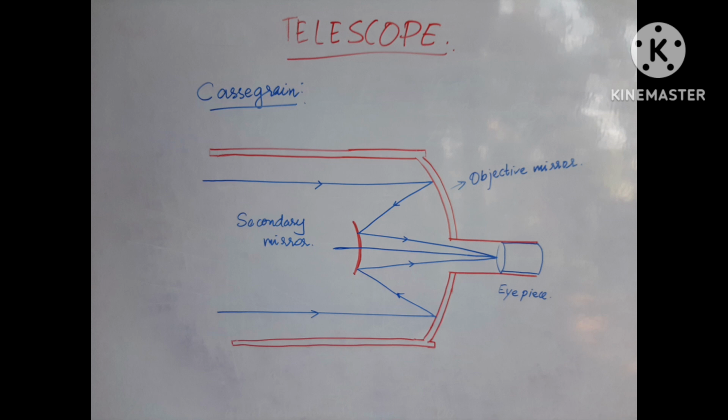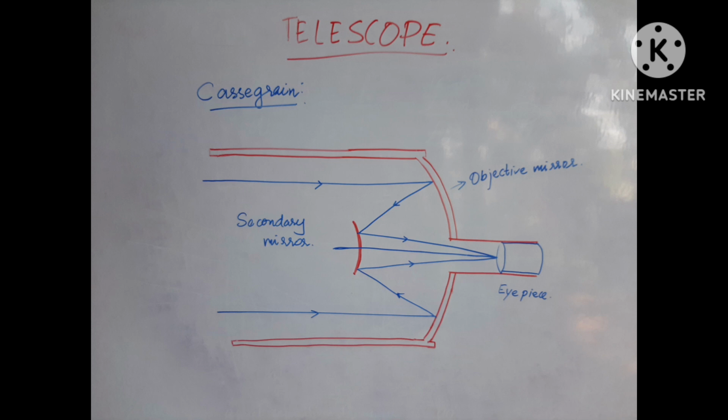When we consider these advantages, we have to consider the drawbacks also. One drawback is that the objective mirror focuses in front of the mirror, so that part may obstruct some light depending on the size of the observer cage. That is a problem.